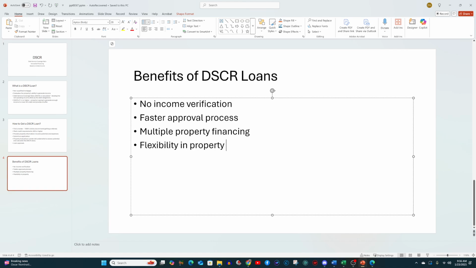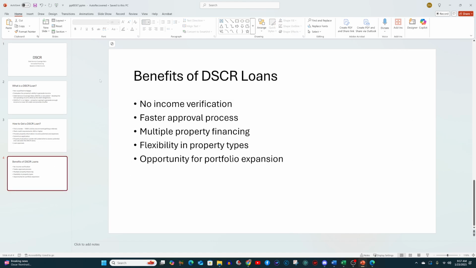You can use DSCR loans not just for single-family homes, but also for multifamily units and short-term rentals. There's the opportunity for portfolio expansion. You can qualify for more properties than you can with traditional loans, allowing for faster portfolio growth.